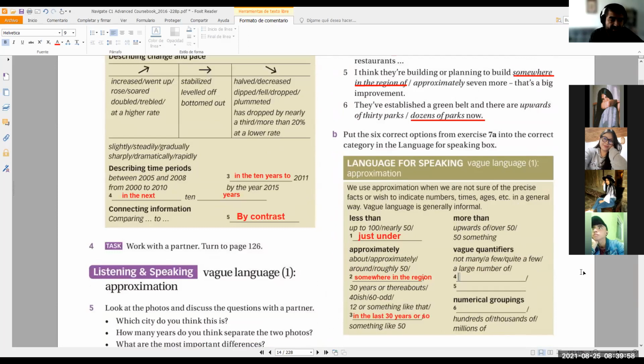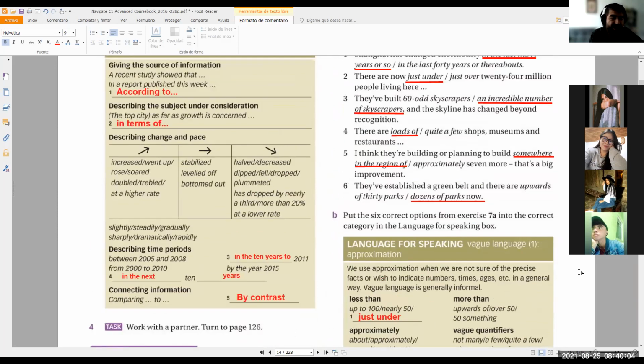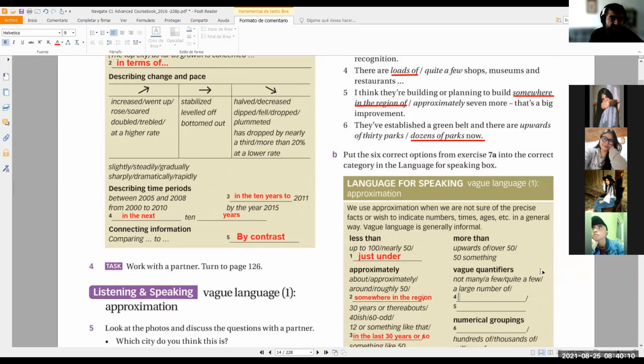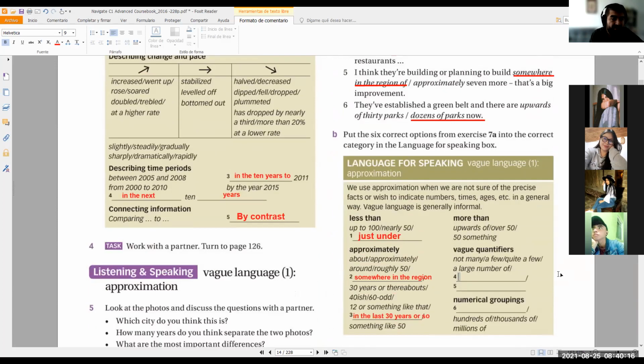To be honest, I believe this is a strike 3, Laura. You were a little bit lost there. It should have been the sentence number 3. It was an incredible number. An incredible number of, that would be the expression.